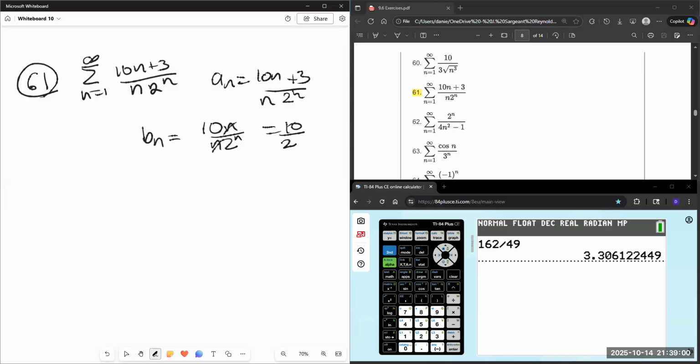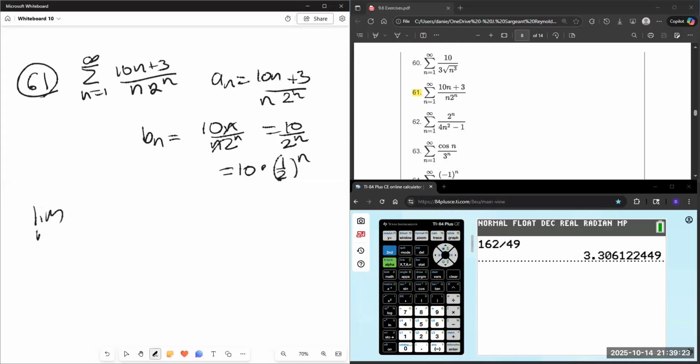So this is 10 over 2 to the n, or 10 times (1/2) to the n, which looks like a convergent geometric series to me. So I think this has the potential to converge. So I'm going to use my limit comparison test here.